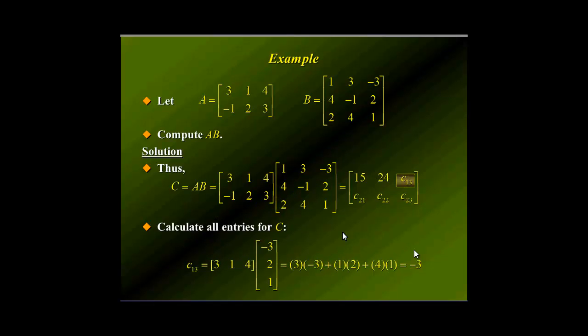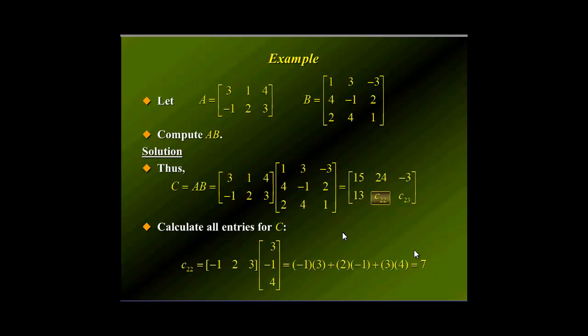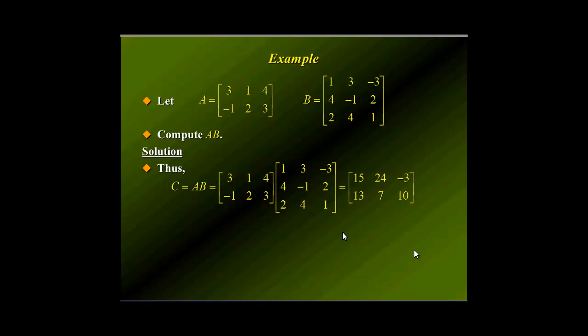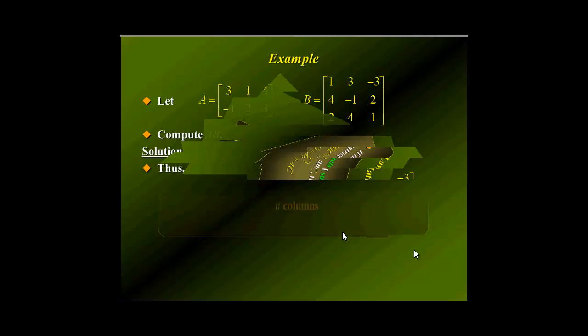Next you multiply the first row and the third column. You will get -3. The next time you multiply the second row, first column, you will get 13. Then the second row and the second column, you will get 7. And then the second row and the third column, you will get 10. So in this way we can multiply two matrices. Hopefully you understand clearly how we can multiply two matrices.